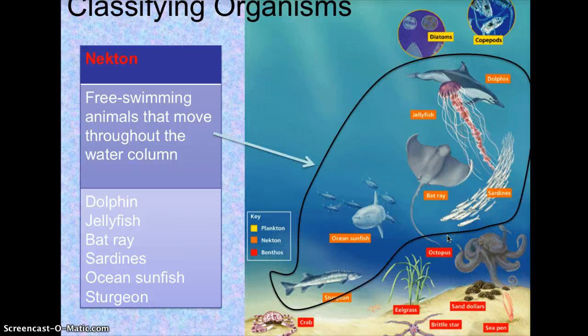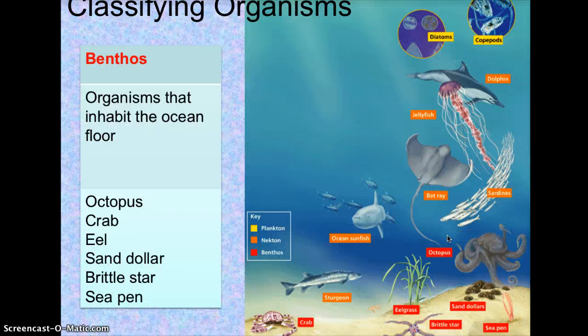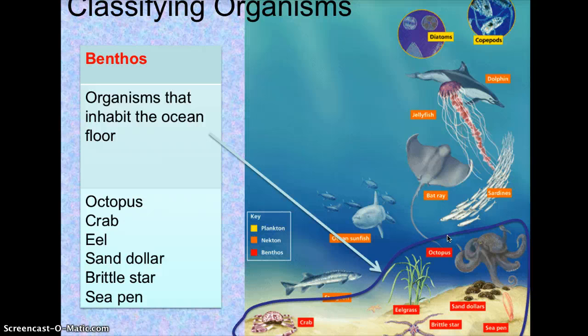Good, double check and see how you did. So they're the free swimming animals that move about the water column. And then finally, we have the benthos, which are only the last ones. They stay on the ocean floor. Notice you have here some plants as well as animals here.